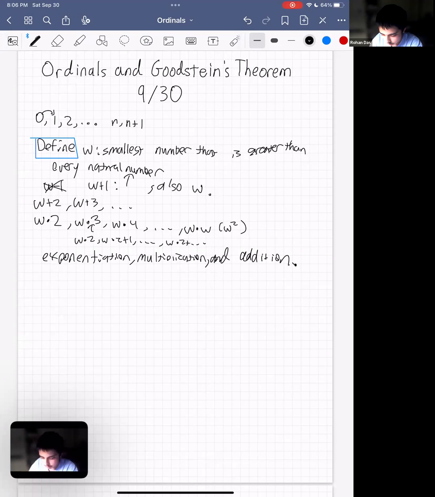So for example, omega to the omega would be greater than omega to the 1, omega squared, and so on, just omega to any natural number.